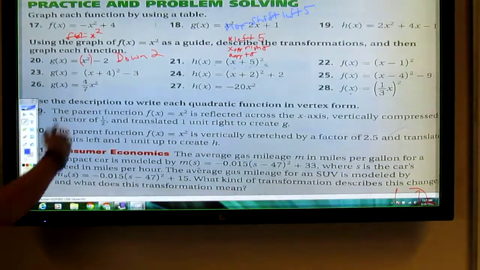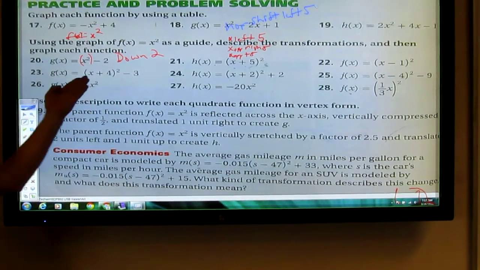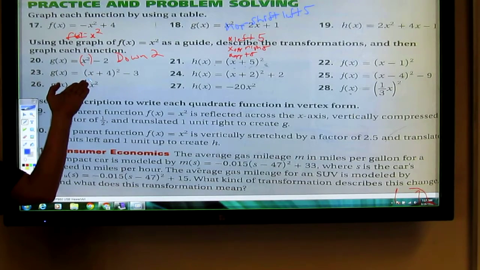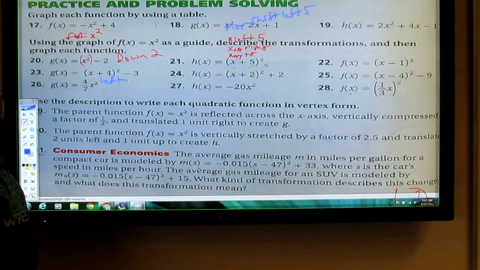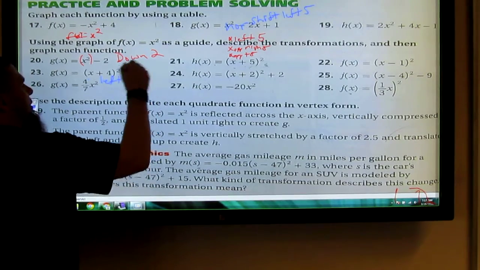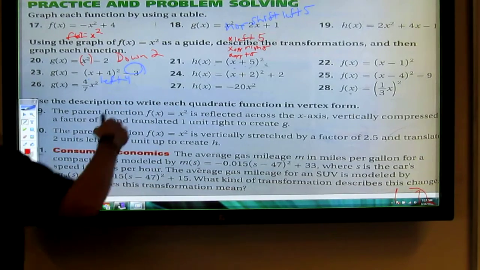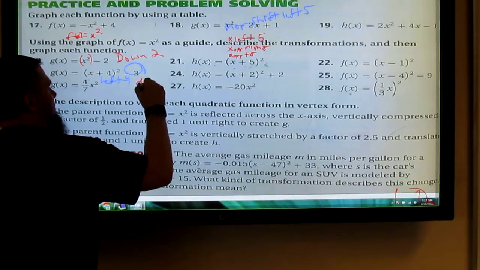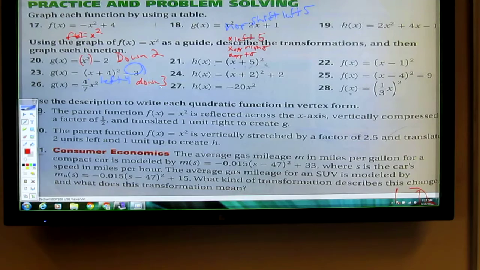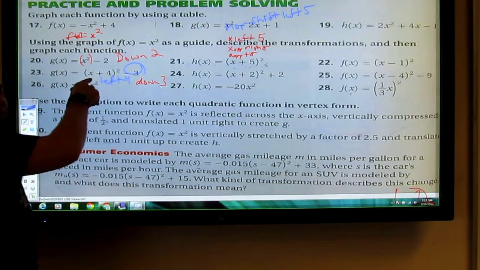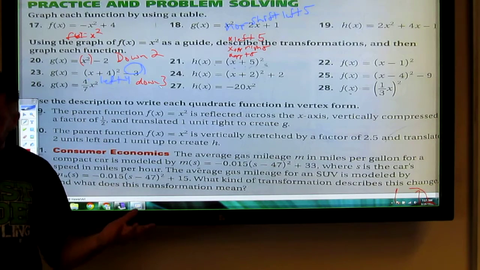23. Again, x is the opposite, so opposite of right is left. Left 4, and then the whole shift is how much? Down 3. It's that simple. Left 4, down 3. Done. Keep it simple. Okay? X's do the opposite. Opposite of right is left.